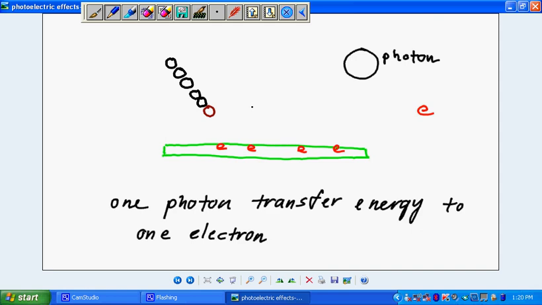So this photon will strike this electron, and this electron will be ejected out. So we must consider this. Let's say this photon has 17 joules, and this electron is bound to the parent atom. You see, each electron is bound to the parent atom.